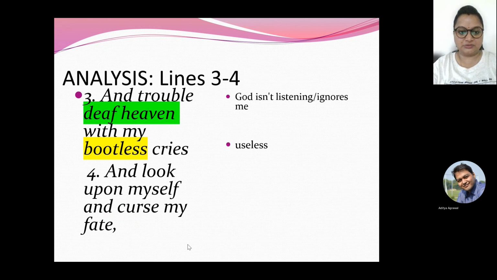Come to the next two, three, four lines. And trouble deaf heaven with my bootless cries. Deaf heaven means God is not listening or ignores him, and bootless means his cries are useless. So in the third line, he is continuously praying to God, but his cries go unheard.